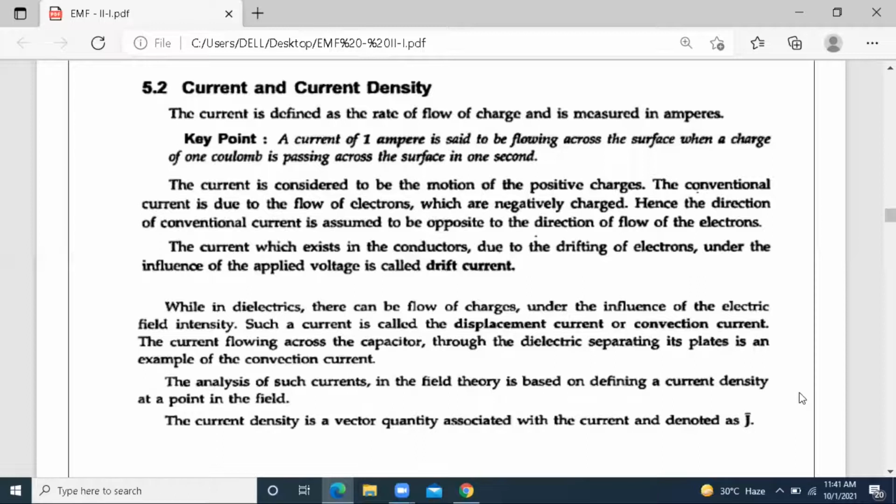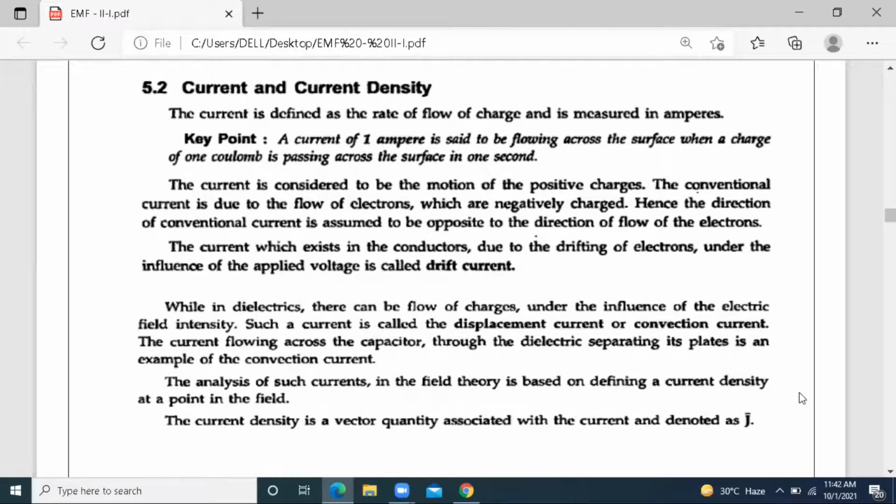So an easy way to look at it here is like the current that occurs due to the displacement of electrons, like in a capacitor. Remember, in a capacitor, you have two plates, right? Yes, sir. So you don't have a conductor between these plates.